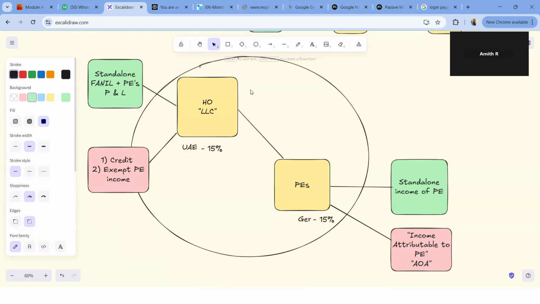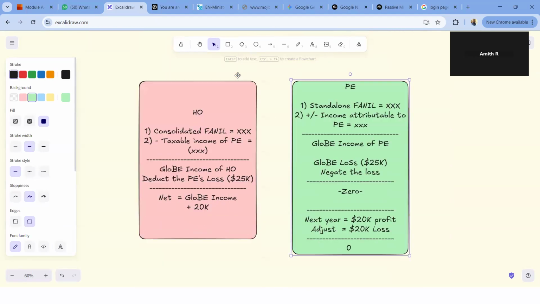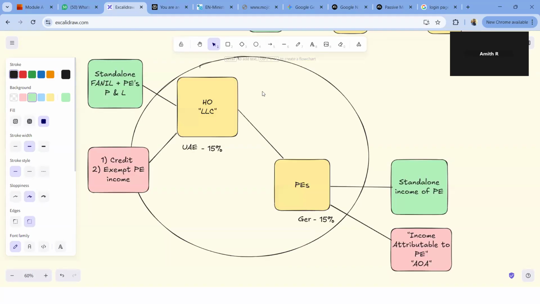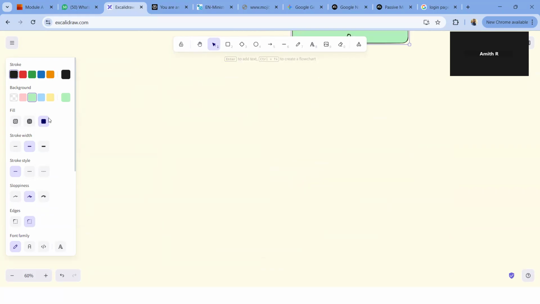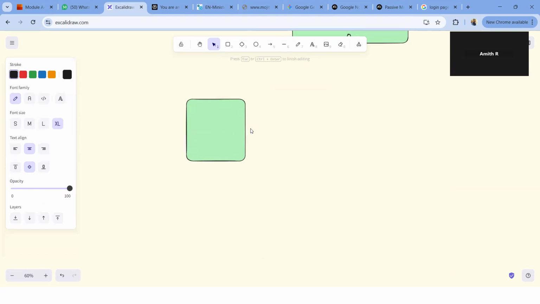Now let's understand flow through entity. This is one doubt that everybody is having. If you understood PE's problem well, you could understand flow through entity well. What is a flow through entity? For the purpose of taxation, even if I earn, say, 100K of income, this entity, let's say this is an LLP, will not pay the tax on 100K.